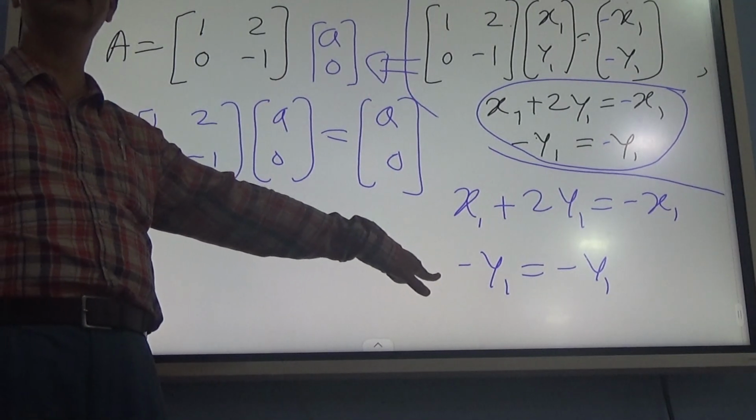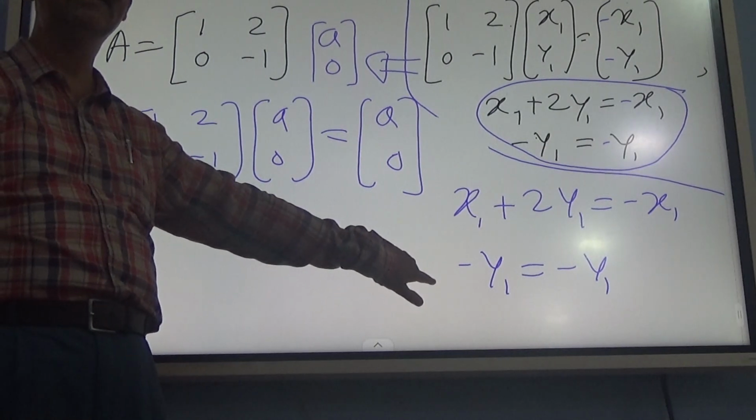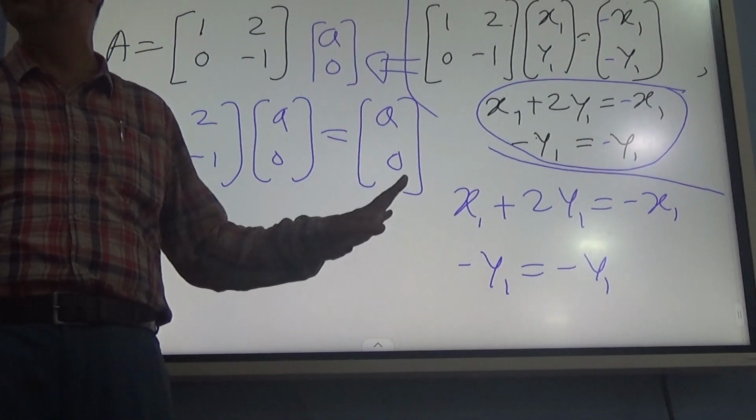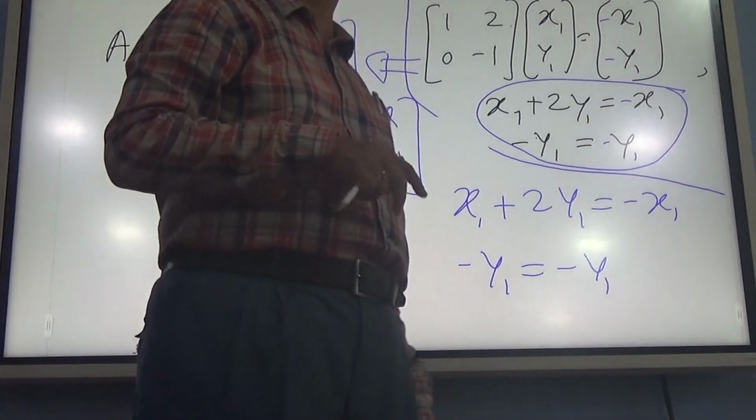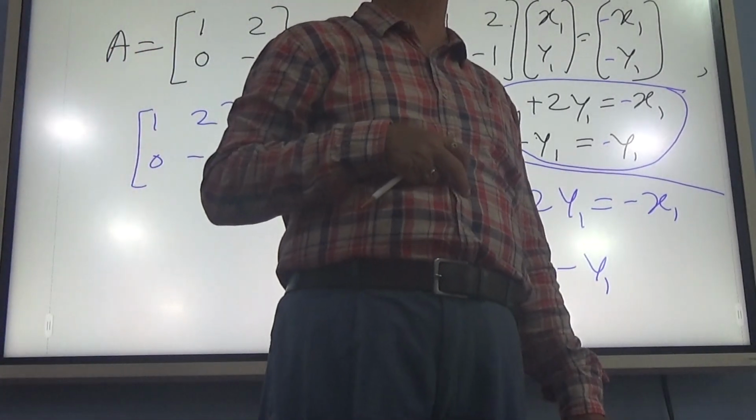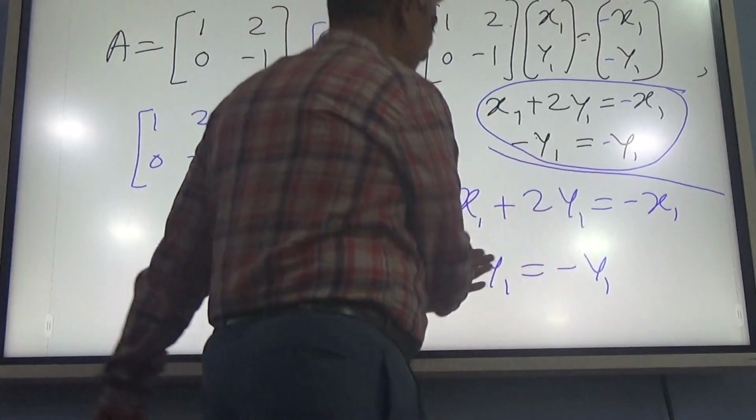How many variables are there? 2. How many equations are there? Is this an equation? It is not an equation, it is 0 equal to 0. So there are 2 variables and only 1 equation.